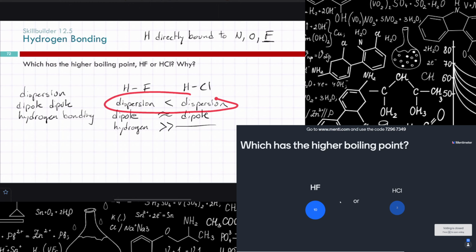So this would be like using a little more extra glue stick compared to using super glue here. Right? The super glue is going to make a much larger difference than adding a little bit more glue stick. But I definitely understand why some people have voted for HCl. If this is what you were thinking, the dispersion forces.